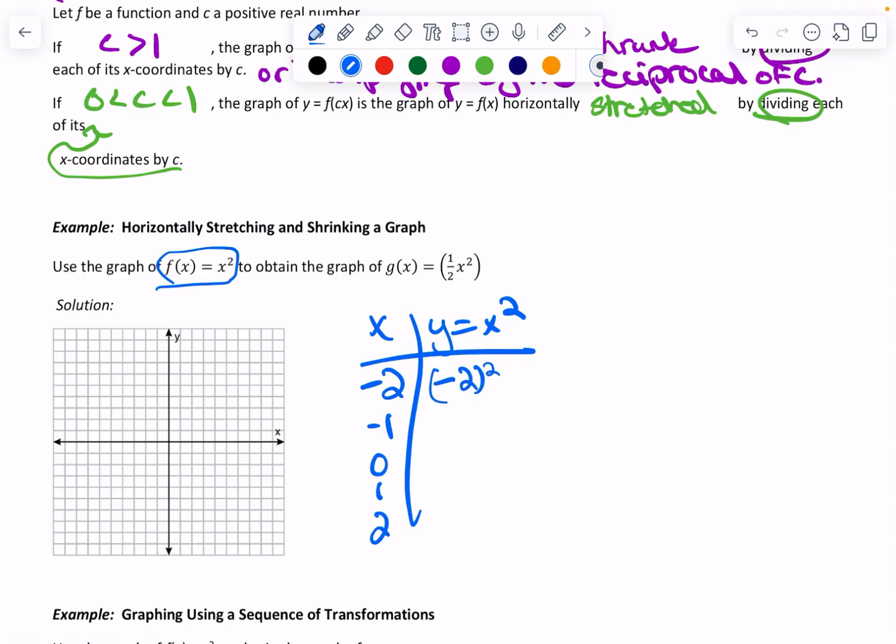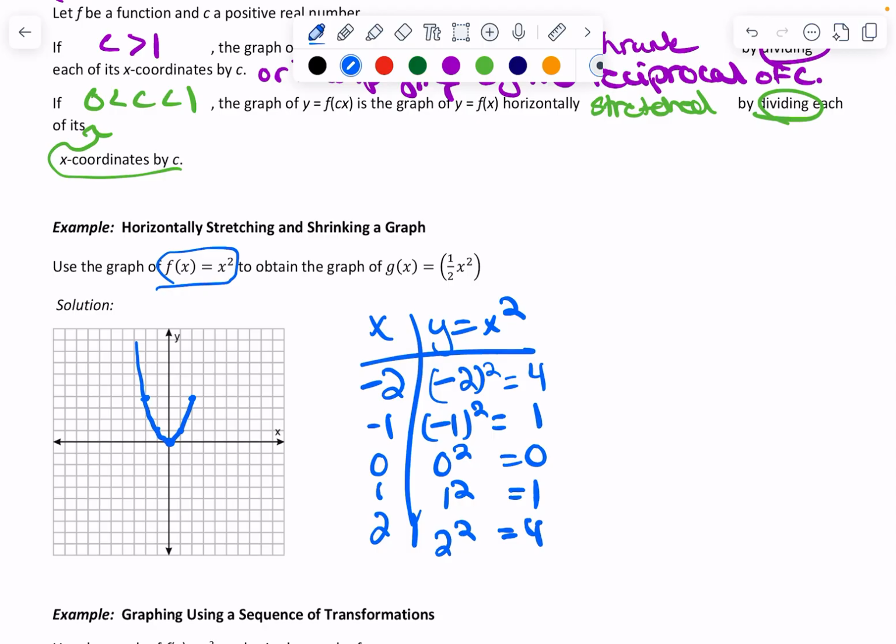Negative 2 squared equals 4. Negative 1 squared equals 1. 0 squared equals 0. 1 squared equals 1. And 2 squared equals 4. So our first point is negative 2 and 4. Negative 1 and 1, 0, 0. And all these should be symmetric for the quadratic function. So this is the parent function, f of x equals x squared.